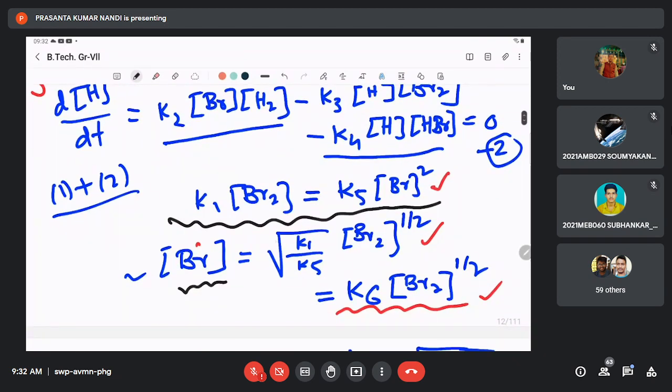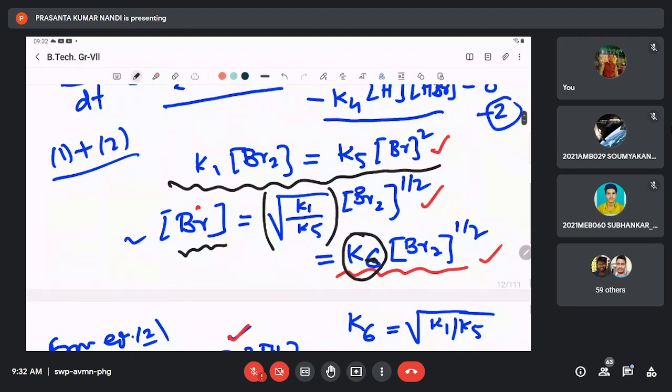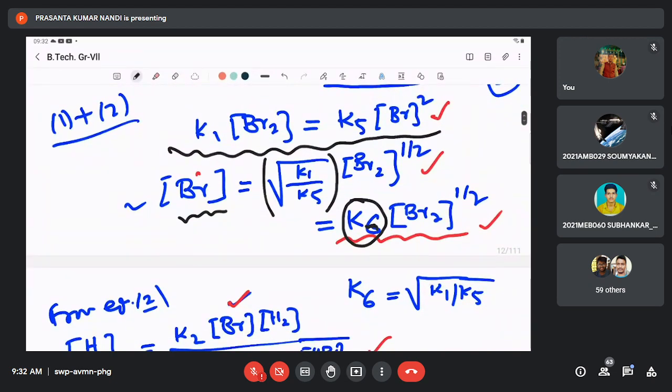And this quantity, the ratio of these rate constants raised to the half, we put as another constant, just to simplify, instead of writing down explicitly all these rate constants. So basically K6 is equal to the square root of this ratio, that is K1 by K5.